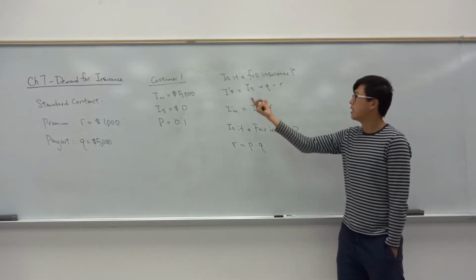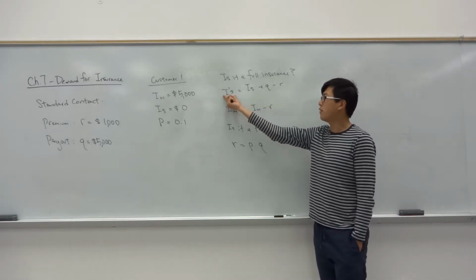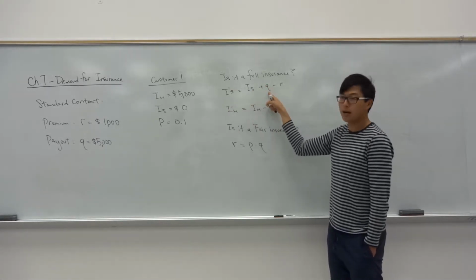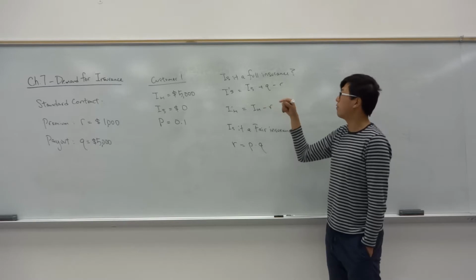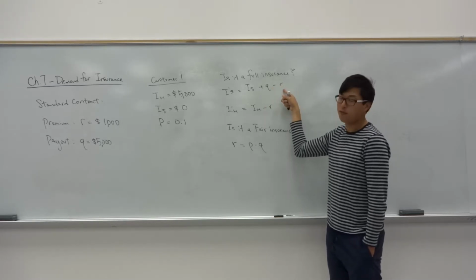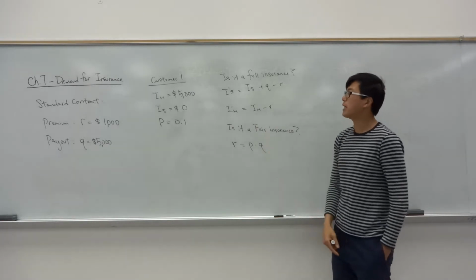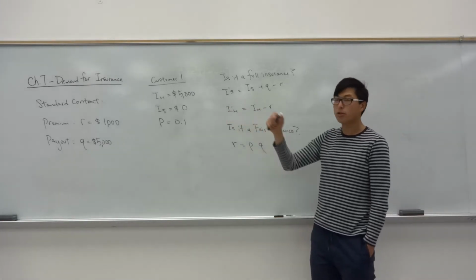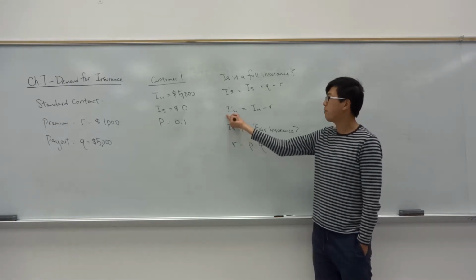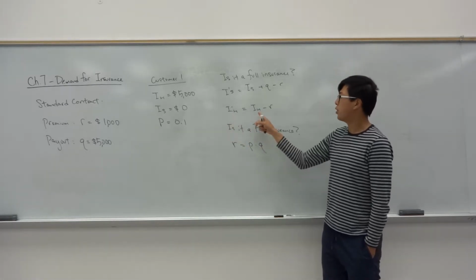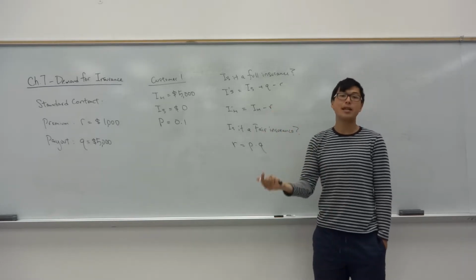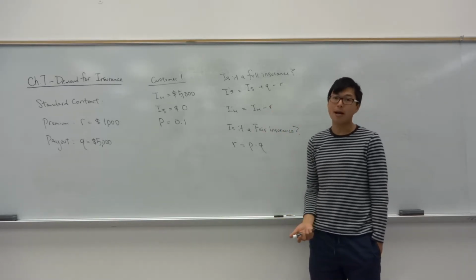The sick income with the health insurance is your sick income plus the payout of the insurance company minus the premium you have to pay. You can easily calculate it by putting those numbers in. And the healthy income with the health insurance package is your healthy income minus the premium you pay, since you're not getting sick at all, so you won't get any payout.